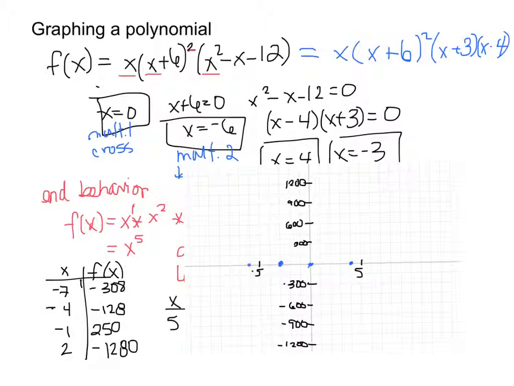I don't have to find my y-intercept because when x is 0, that means that's our y-intercept as well. And then we had some other values. So we said things like if x was -7, we were just under 300, -308. If x was -4, we were at -128.